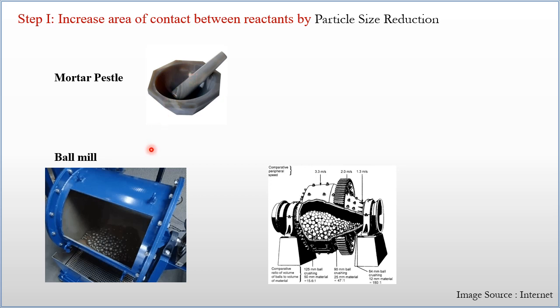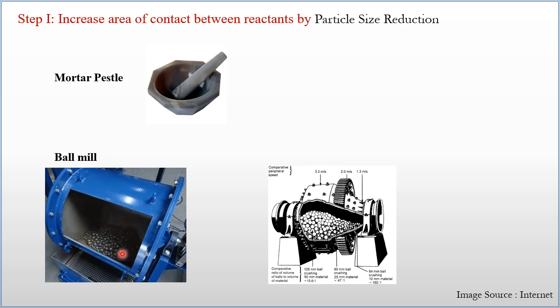The same can be performed very efficiently and without much human labor using this equipment, which is called a ball mill. Here, as you can see, there are small balls of ceramic material, usually zirconium oxide, and these balls are of various sizes.